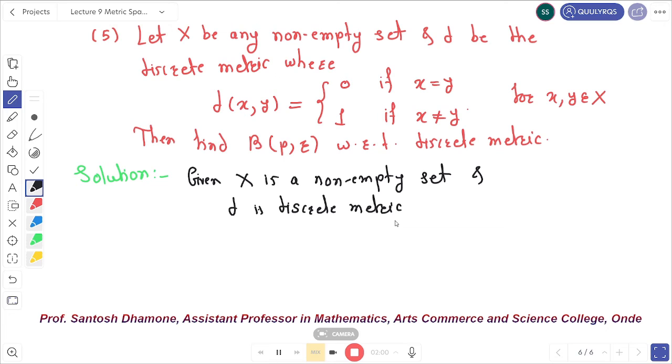Define d(x,y) is equal to 0 if x is equal to y, and is equal to 1 if x is not equal to y. We have to find the open ball about P with radius r with respect to the given discrete metric.